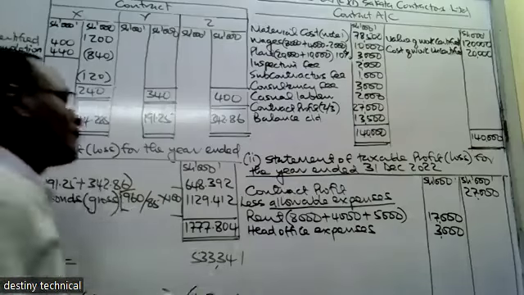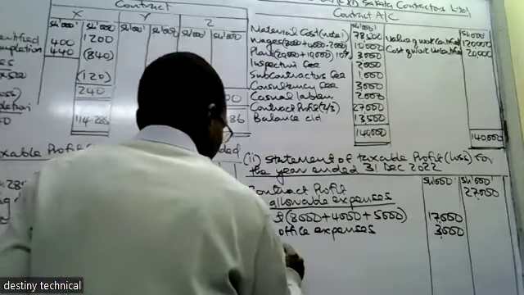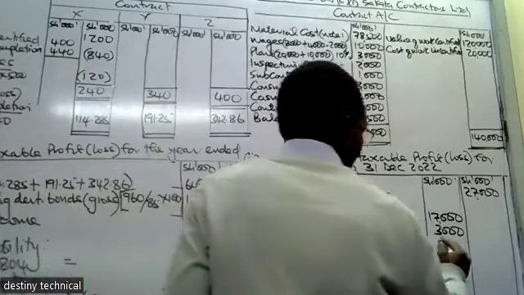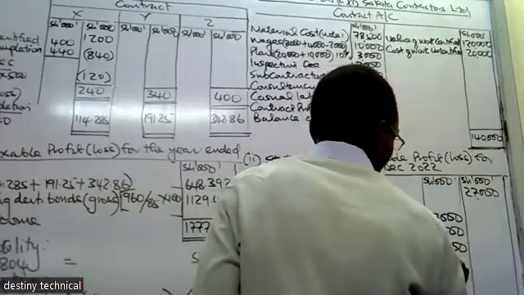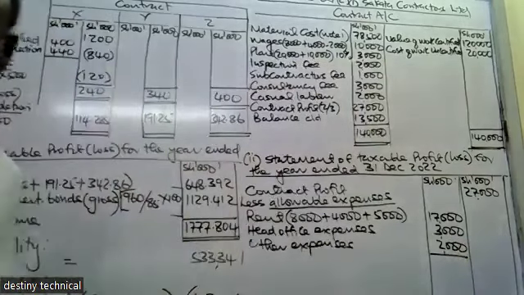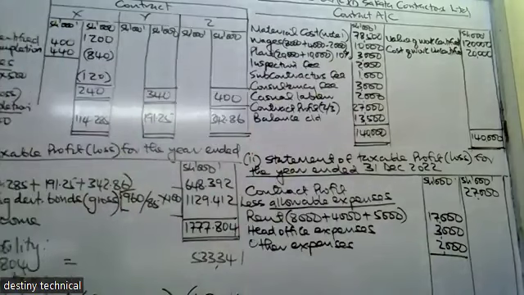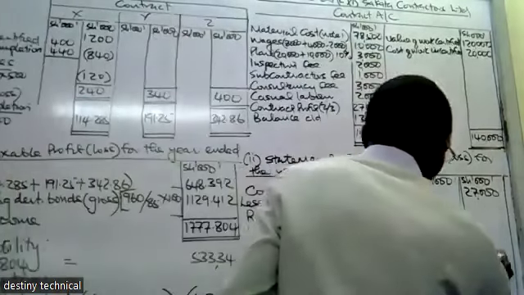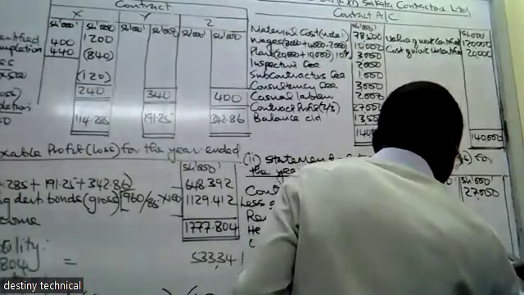They say they are all allowable. That's other expenses, so total allowed expenses is 2,000.